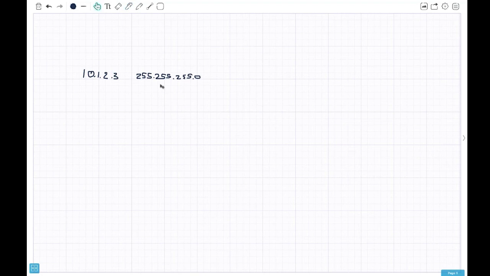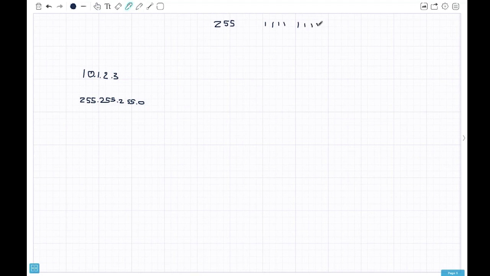That mask is actually in decimal. If we convert that mask over to binary, we should see that 255 in decimal equates to 1, 1, 1, 1, 1, 1, 1, 1.